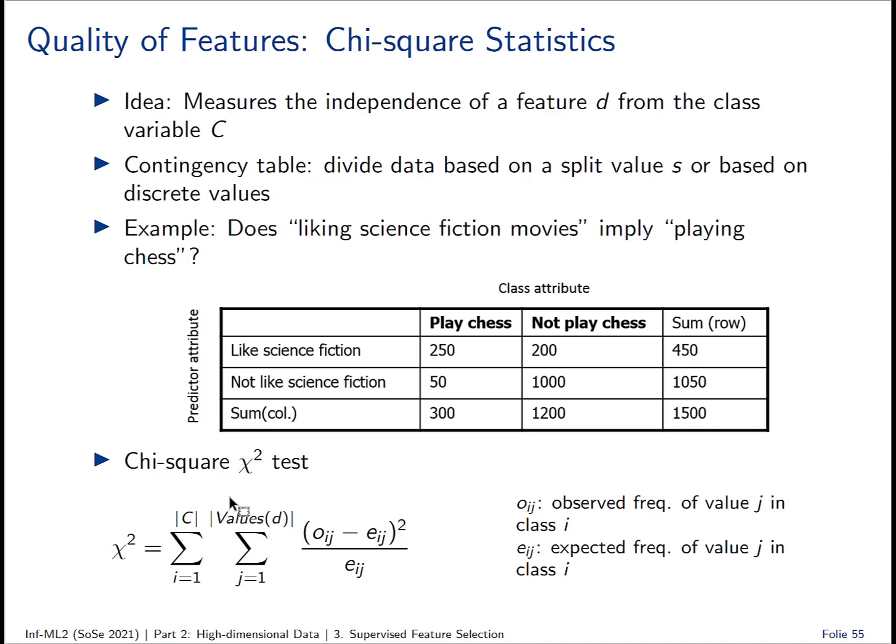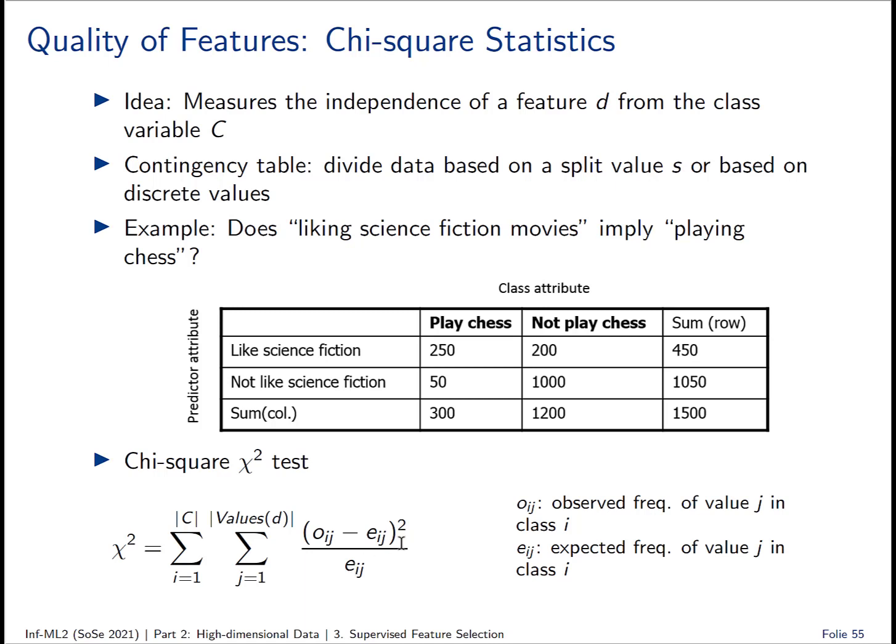In our case, again, these are only 2 values, so the J index goes from 1 to 2. The first value is like science fiction, and the second value for J is not like science fiction. What we are doing is we take the observed values in this table and compute the difference to the expected frequency of value J in class I. E here are the expected values, and we square the difference and normalize it by the expected values.